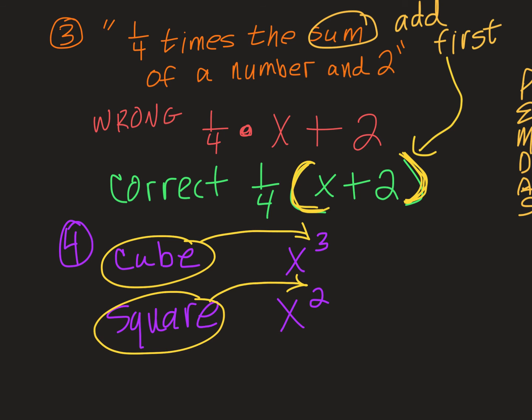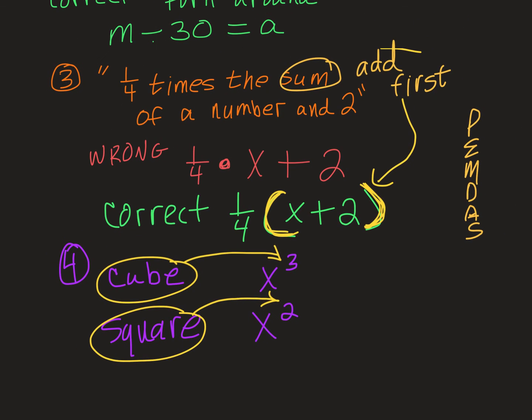So on your classwork today and homework, if you see them saying you want to cube something, that means you need to take whatever it is and put it to the 3rd power. If they say square something, they want you to take whatever it is and make it to the 2nd power. And those are the 4 big things that we have a tendency to miss out on here.